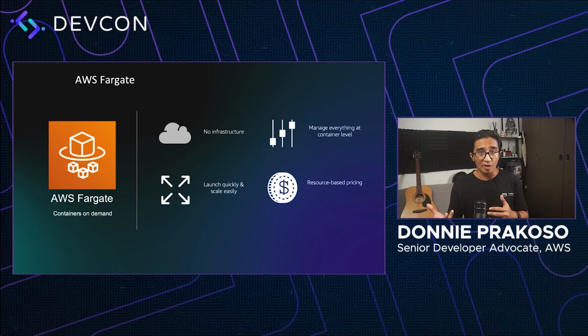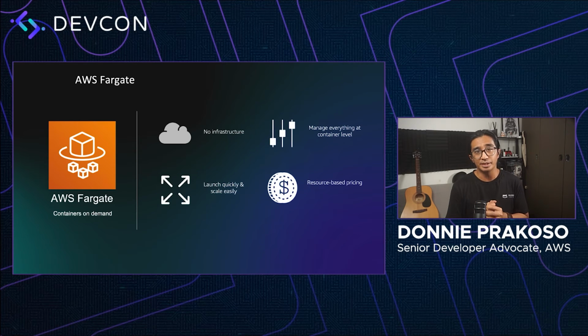With AWS Fargate, you no longer have to provision, configure, or scale virtual machine clusters to run containers. And this eliminates the need to choose a server type, decide when to scale your cluster, or optimize cluster packing. Now, to put it simply, AWS Fargate is a serverless container and fully managed data plane that you can use to run your application. And as I mentioned, you can use AWS Fargate with Amazon ECS.